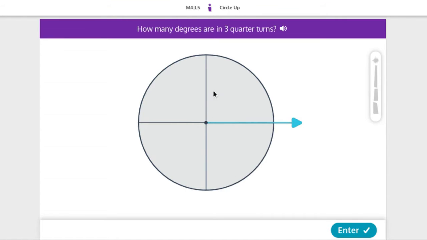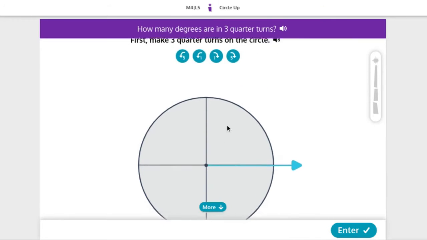So notice they have it split up into 4 pieces. So if they have it split up into 4 pieces like that, 4 quarters make up a whole. So we took 360 and we divided it by 4 equal pieces. 360 divided by 4 is 90, right? So as you can see, this is a right angle. So that's 90 degrees.